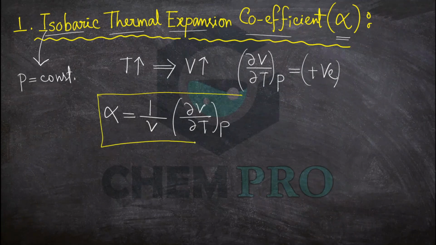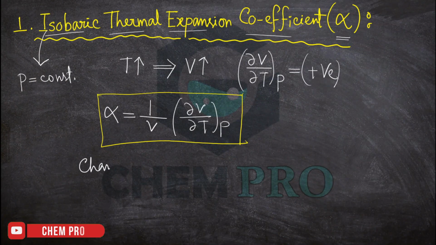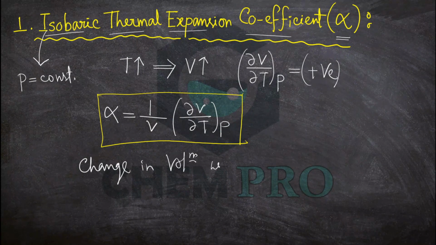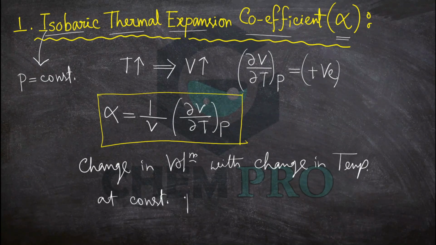So we can say that the change in volume with change in temperature at constant pressure is denoted by alpha, or the isobaric thermal expansion coefficient.